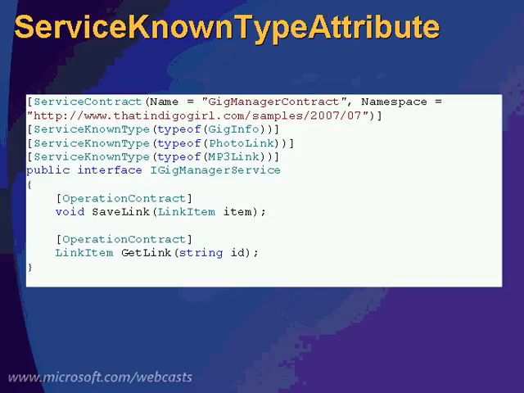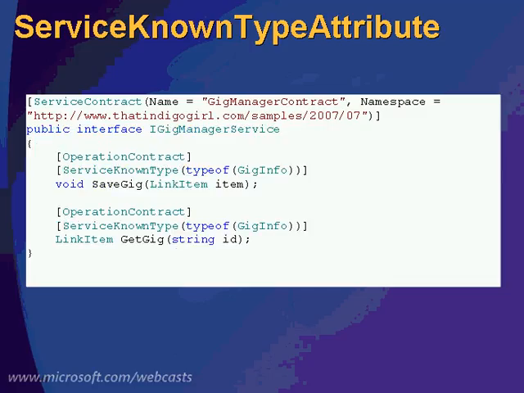And so what we might want to do is cross out photo link and MP3 link in this case, because really only gig info applies. And so this would allow us to do that if we, instead of applying to the type itself with the known type attributes, apply the service known type to the actual service contract. And you can be even more explicit and apply it specifically to operations in case there's differences.